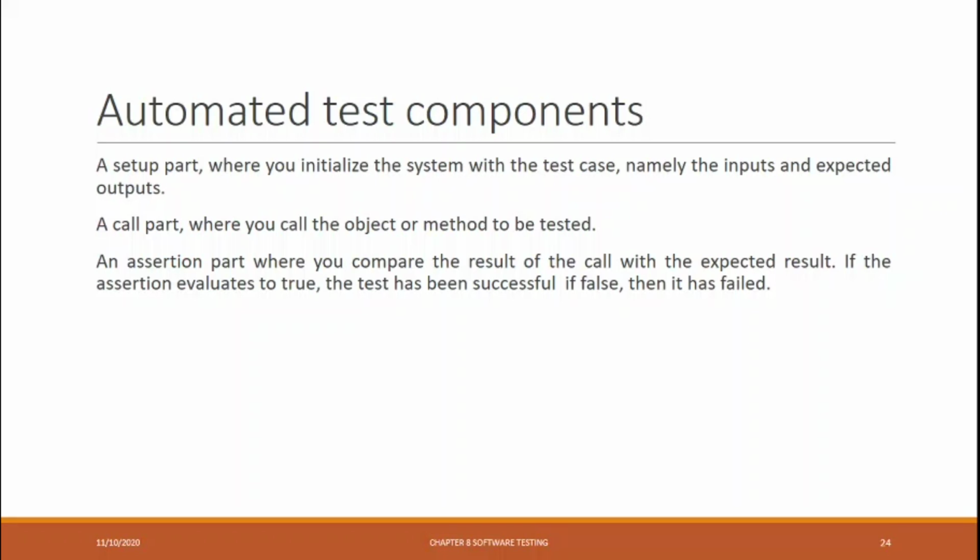So we design a product test by making use of a tool. If you get the output as expected in the script, you message that the test is successful; if not, it is reported as a fail. This is what the automated test components are.